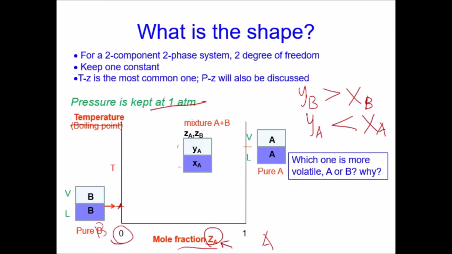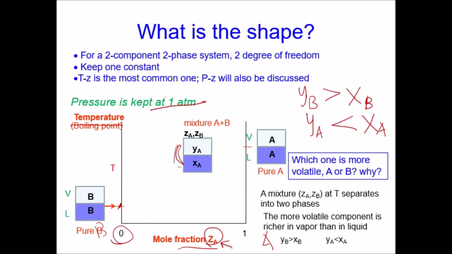Now suppose the temperature for these two is T. At this temperature, the two phases are in equilibrium. We just showed that A is less volatile, and so the mole fraction in the liquid is greater than in the gas phase. So this is the liquid mole fraction, and this is the gas mole fraction for A, and these two are in equilibrium at the temperature T. Now, if you change composition, temperature also changes.